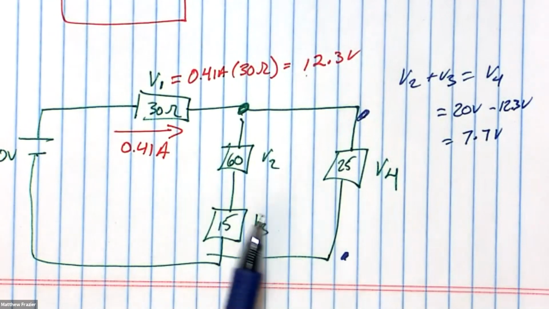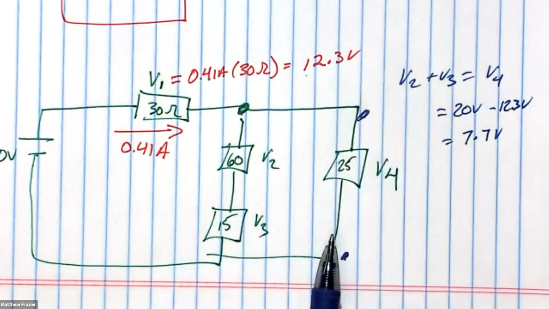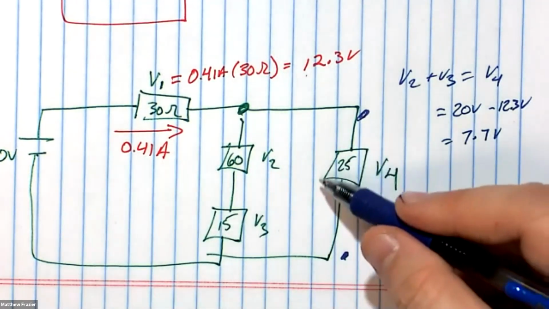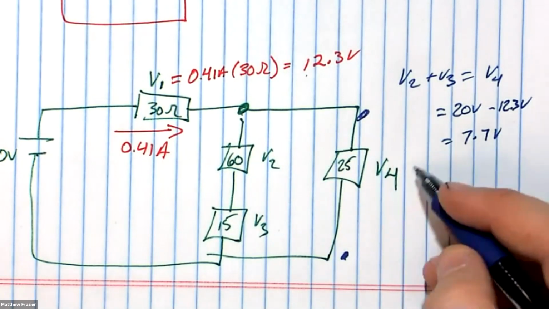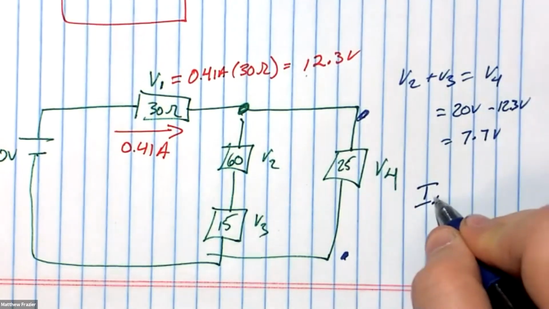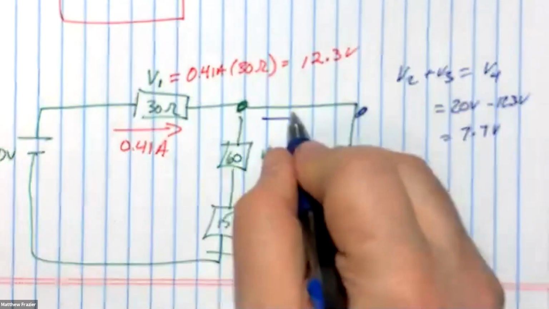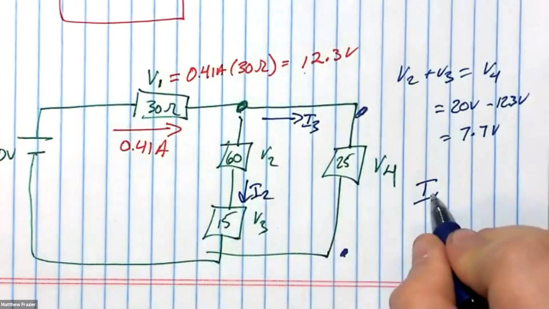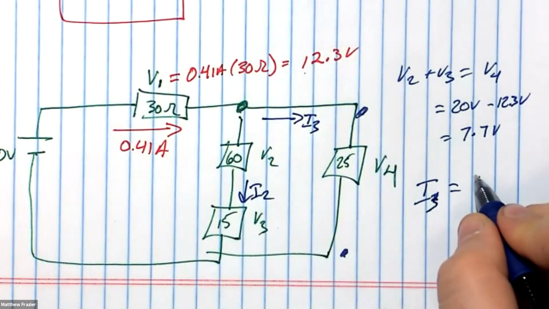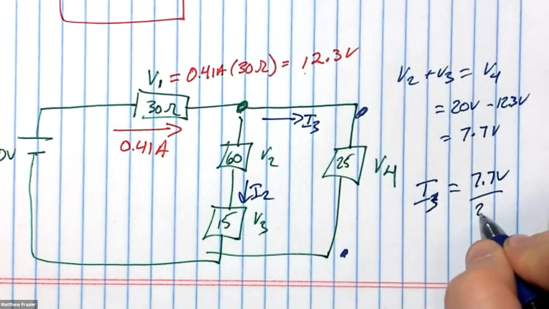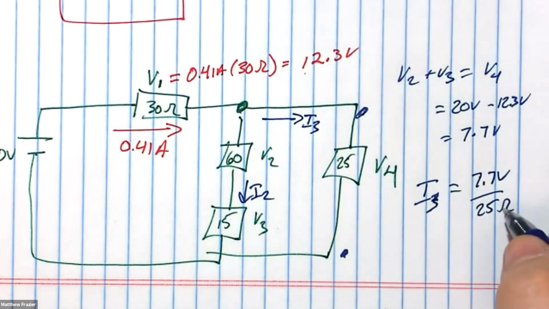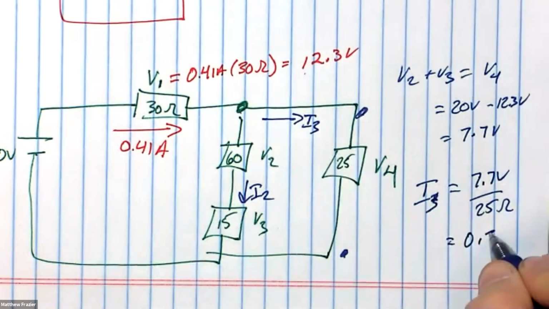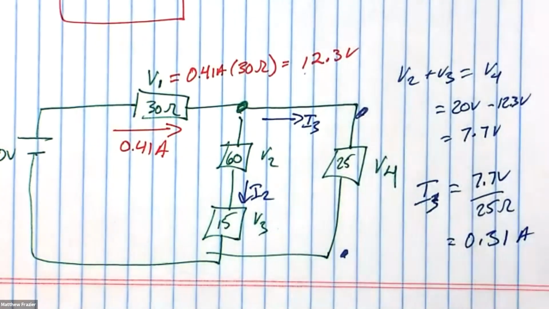So now we can figure out how this current divides up. We can figure out the current in the left and the current in the right. In the right, because one resistor is the easiest thing to go through, the current going this way is I3. I3 is 7.7 volts over 25 ohms, and that is 0.31 amps.